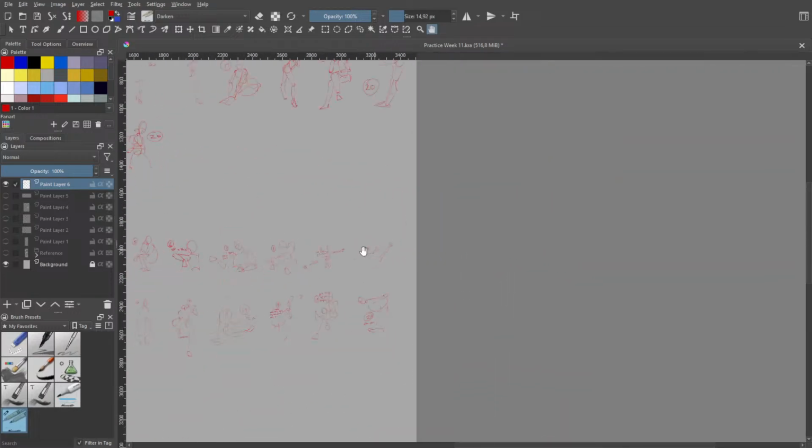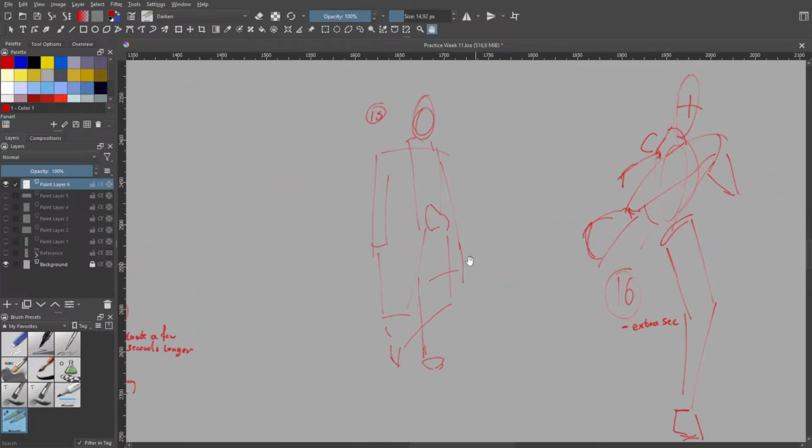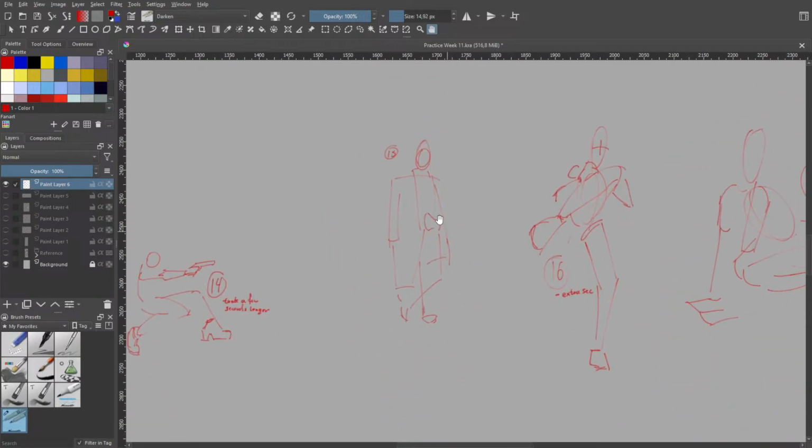I can kind of do it, but specifically with this drawing, number 15 here, which is a dude. Let me just show you. It's a guy in a suit and a mantle, I think.